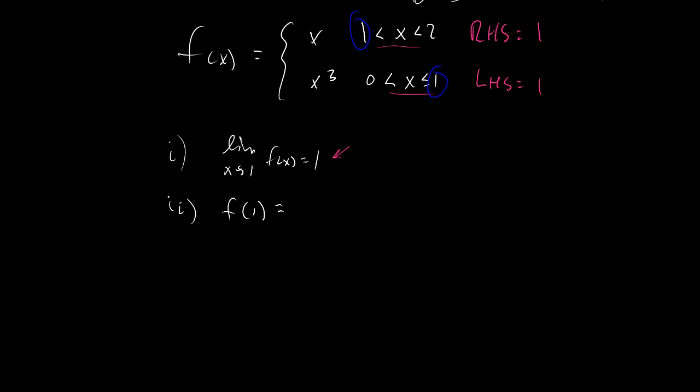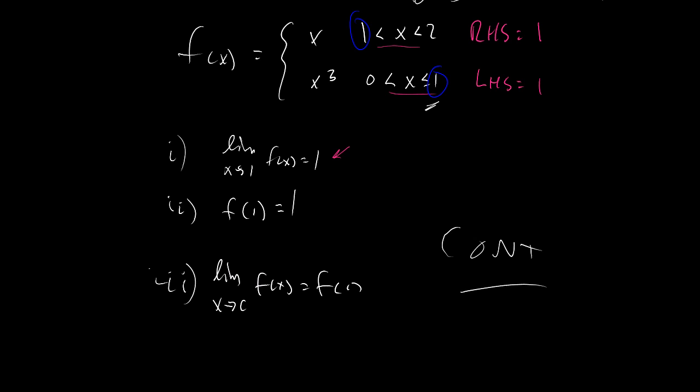So f of 1, we look at our equal right there, boom, and we know that the limit as x approaches c of our function is equal to our point. And by the definition of continuity, that's all we need. So now we know it's continuous.